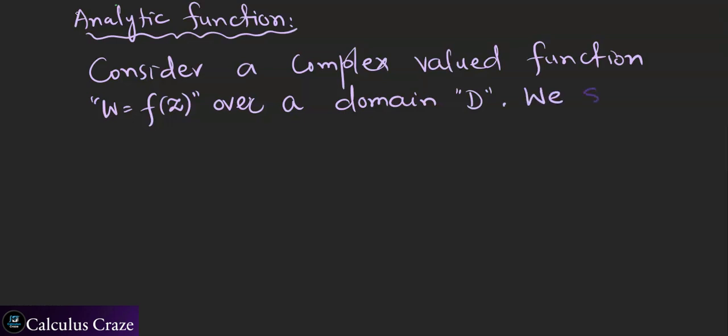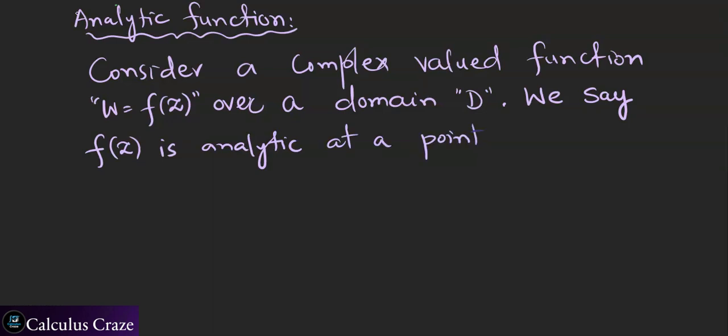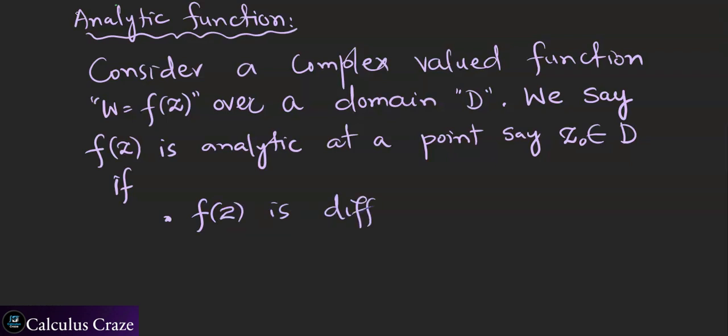So we say f of z is analytic at a point, say z naught in D, if, number one, f of z is differentiable at z naught. So the function has to be differentiable at z naught.